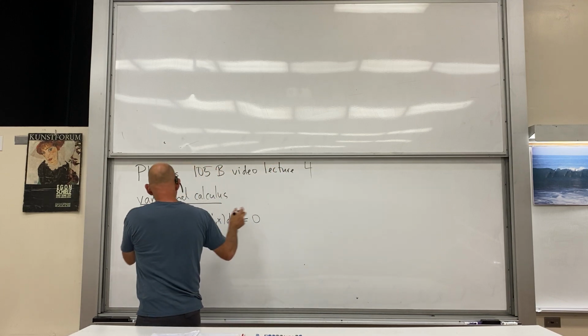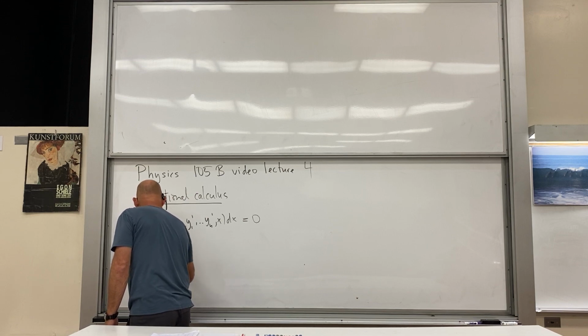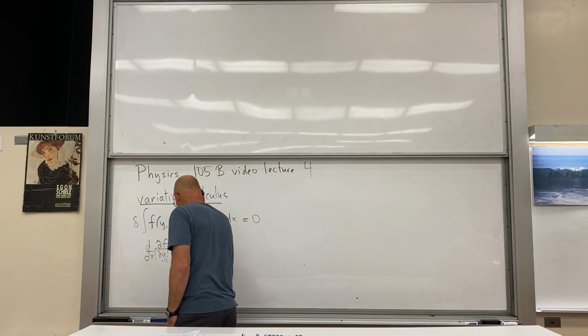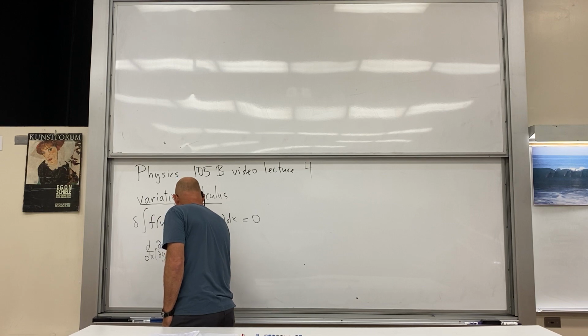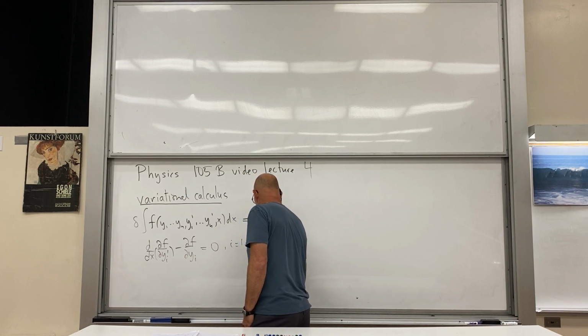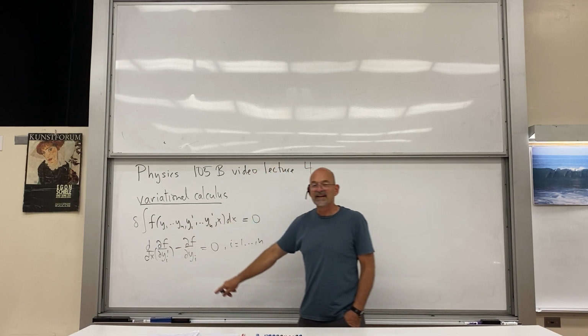So what follows from this is that we have the Euler-Lagrange equations: d/dx of partial f partial y sub i prime, minus partial f partial y sub i, equals 0, i equals 1 to n. Very important that these different functions be independent of each other.